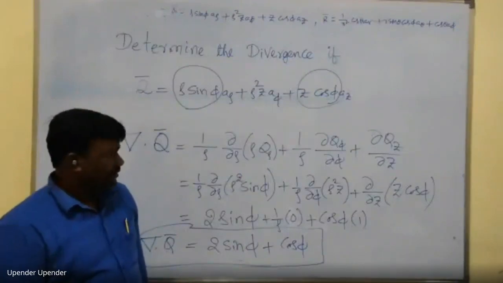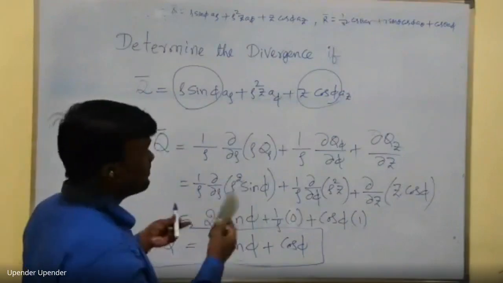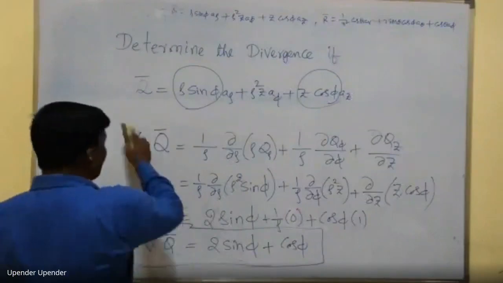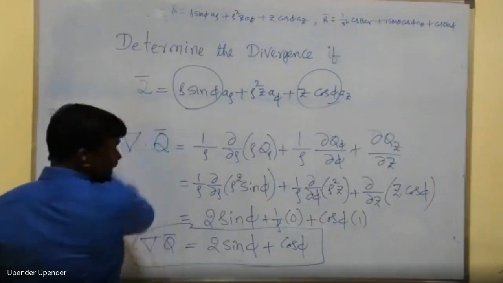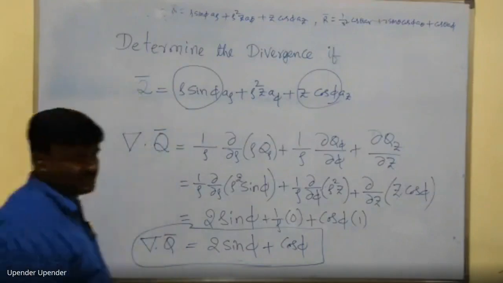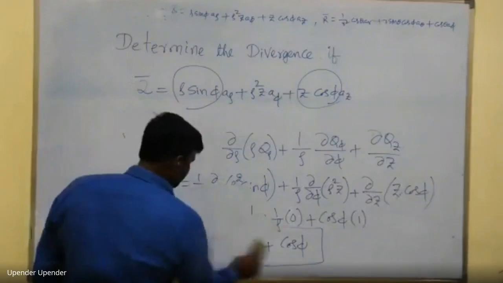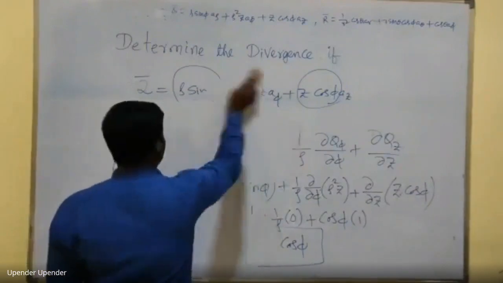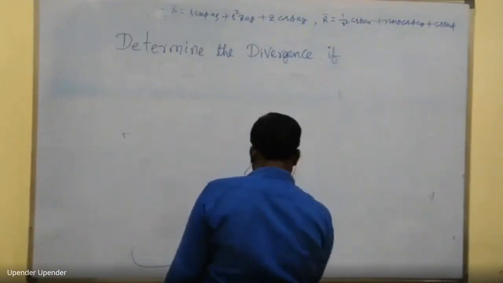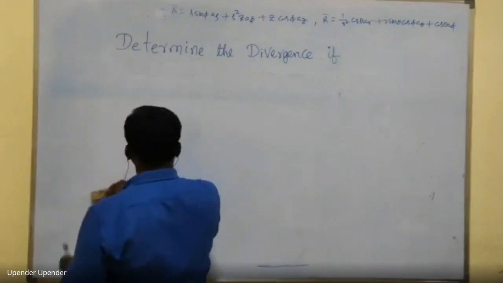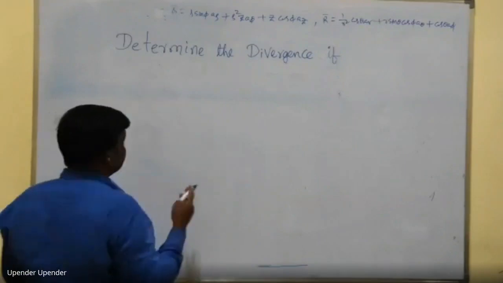Okay. Next, move to calculation of the divergence of the given vector if it is given in terms of r, theta, phi, that is, if the vector is represented in the spherical coordinate system. What is R bar? It is a function of r, theta, phi. Clearly it shows that it is represented in the spherical coordinate system.